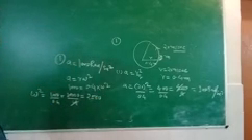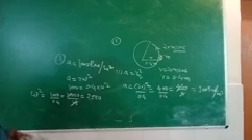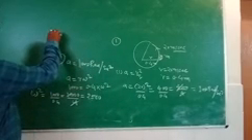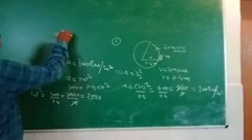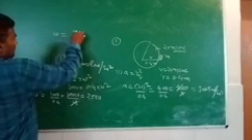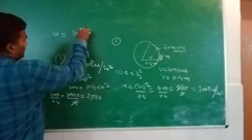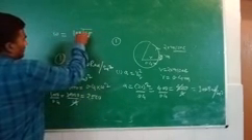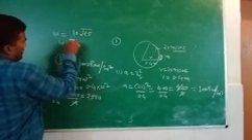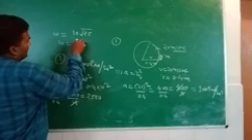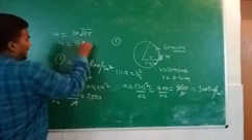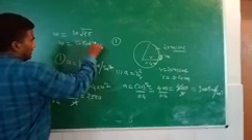We find the value of omega: the square root of 2500 is 50. Omega is equal to 50 radian per second.